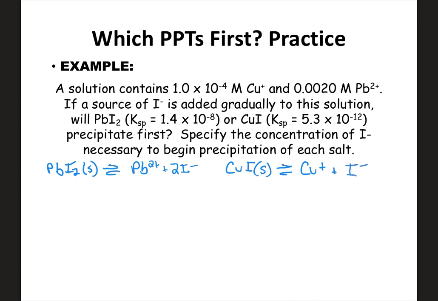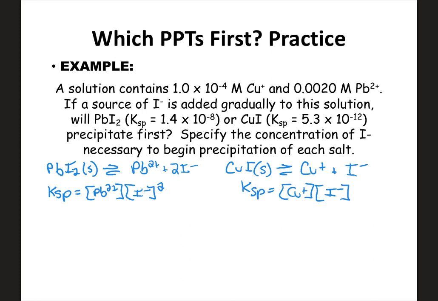All right, so when I write the Ksp for the PbI2, the Ksp would be equal to the concentration of the Pb2+ times the concentration of the I- squared, and the Ksp for my CuI would be equal to the concentration of my Cu+ times the concentration of the I-.